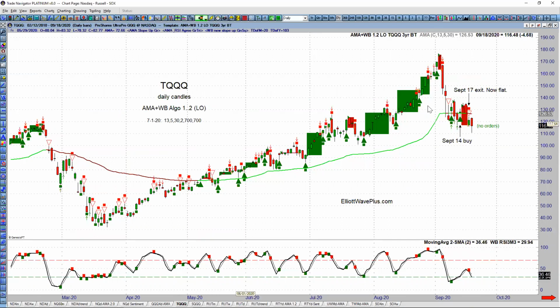On the 3 times bullish QQQ, there was an attempt to buy on the 14th that met in failure, exited in loss on the 17th.